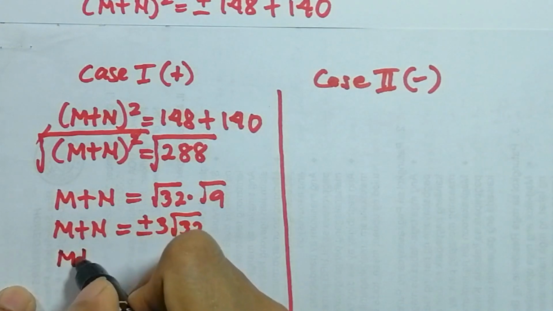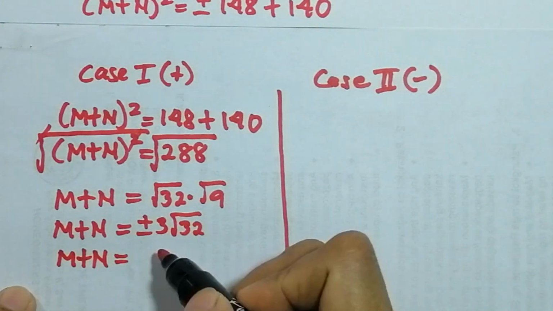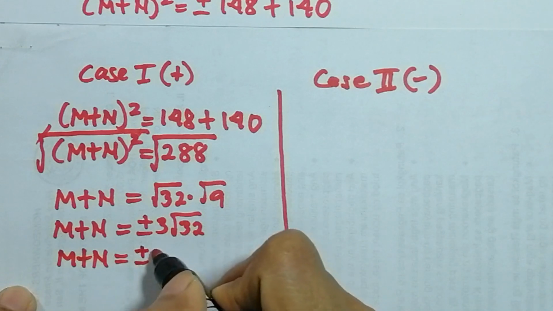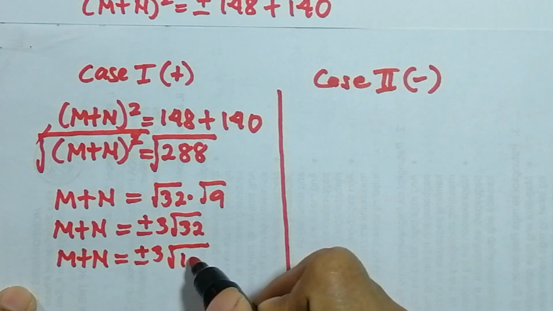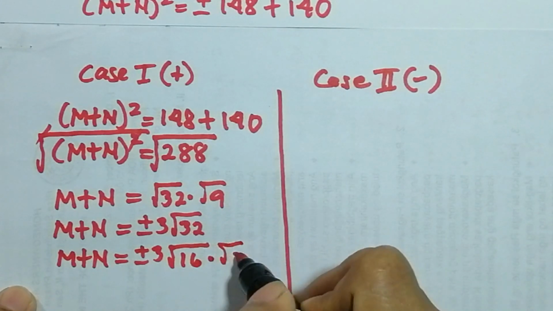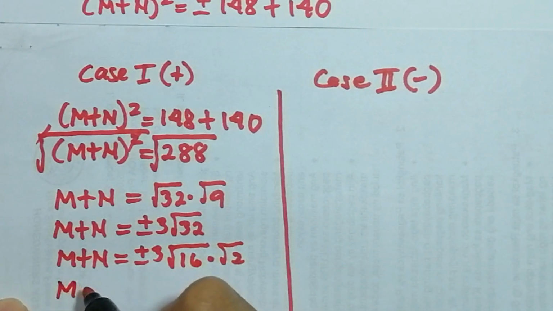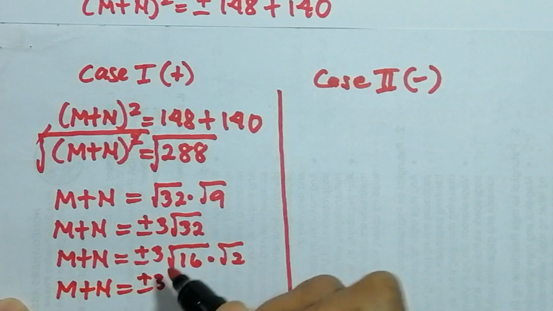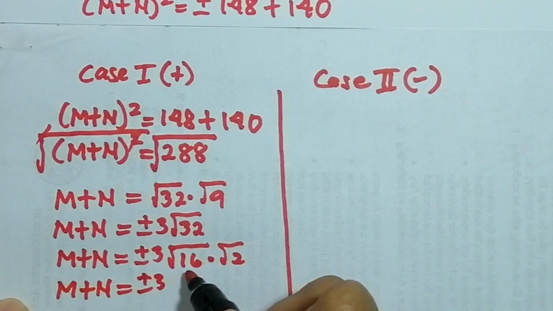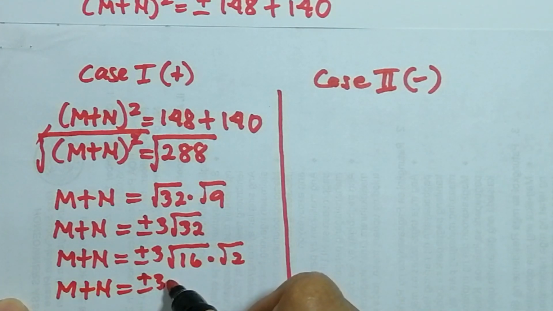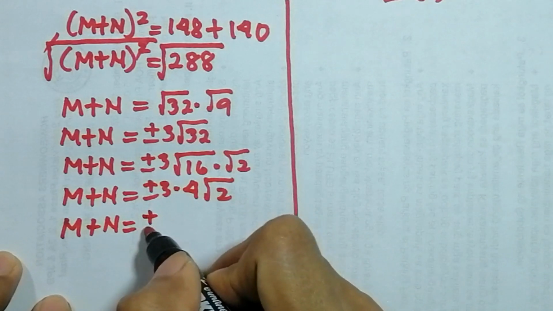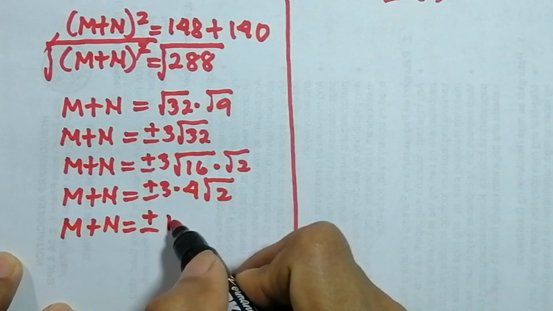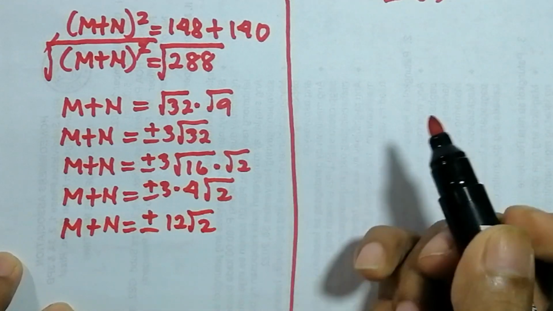The square root of 32 is the same as the square root of 16 times the square root of 2. The square root of 16 is 4. So m plus n is equal to positive negative 3 times 4, which is 12 square root of 2.